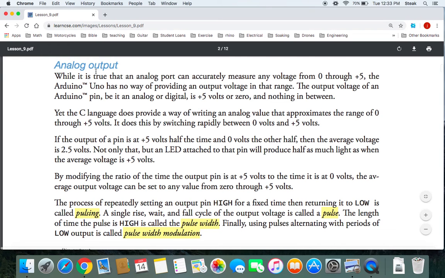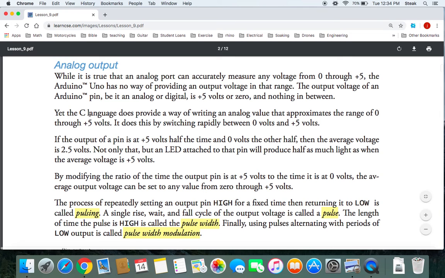Analog input output. While it's true that an analog port can accurately measure any voltage from 0 to plus 5 volts, the Arduino has no way of providing the output voltage in that range. The output voltage of the Arduino pin, whether it's analog or digital, is plus 5 volts or 0, nothing in between.